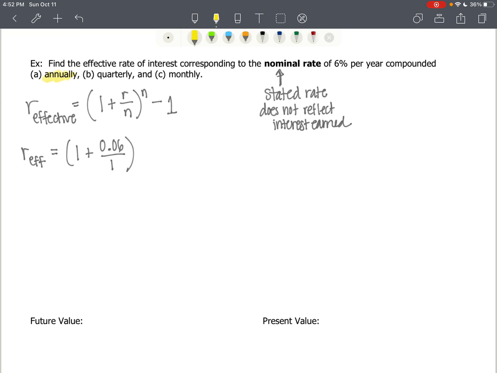So annually is once a year, raised to the 1 power, because that's once a year, minus 1. So 1 plus 0.06 minus 1 is 1.06 minus 1, which is 0.06, which is 6%. So that's annually.